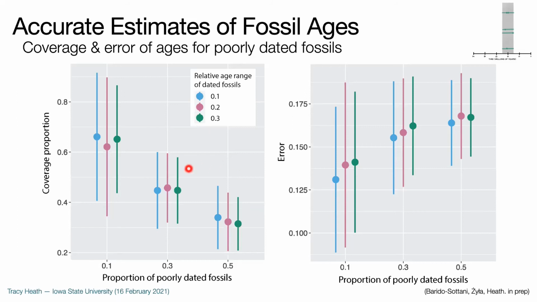And this is as anticipated, and even though we have low coverage in some of these data sets, we do see that overall the error rate in our mean age estimates is still relatively low.